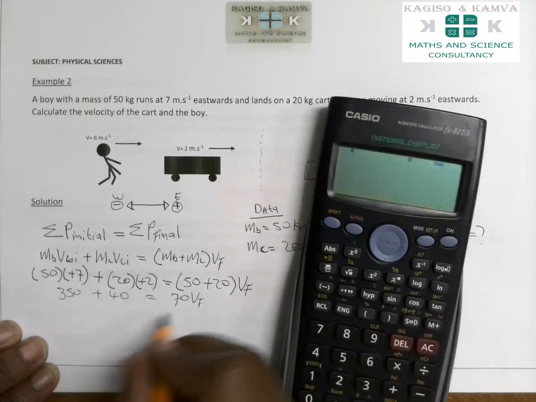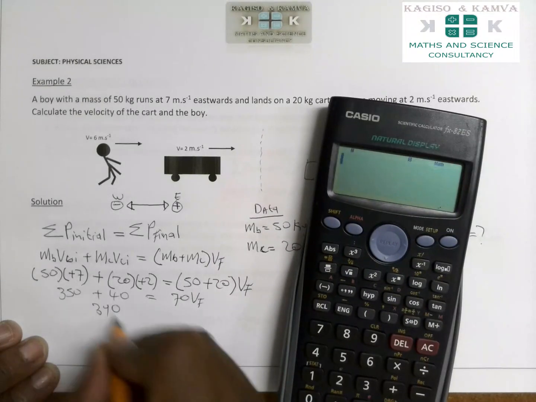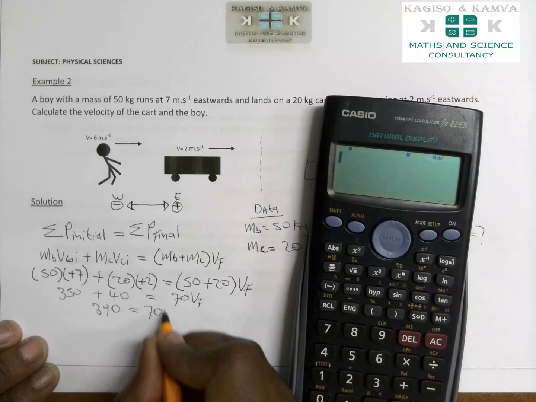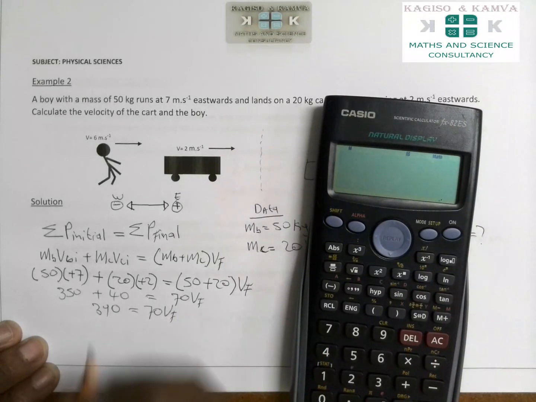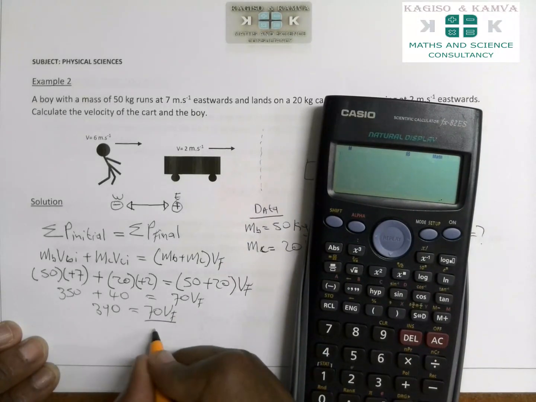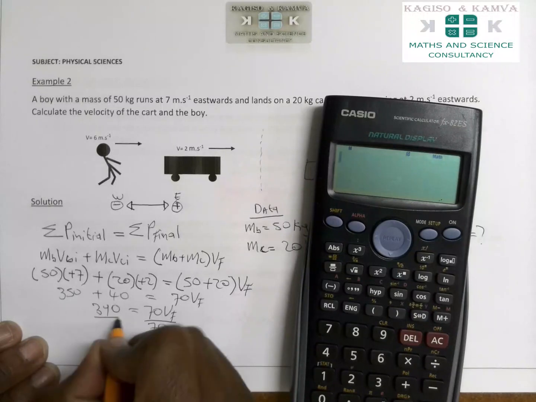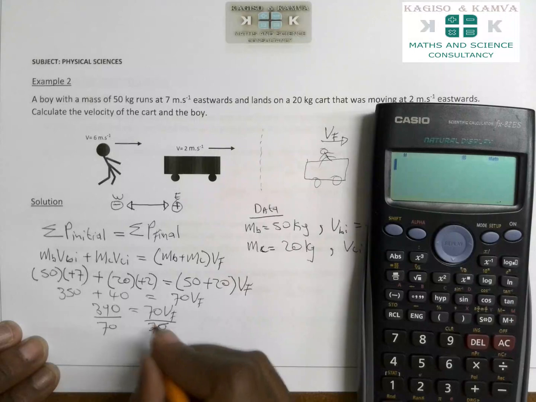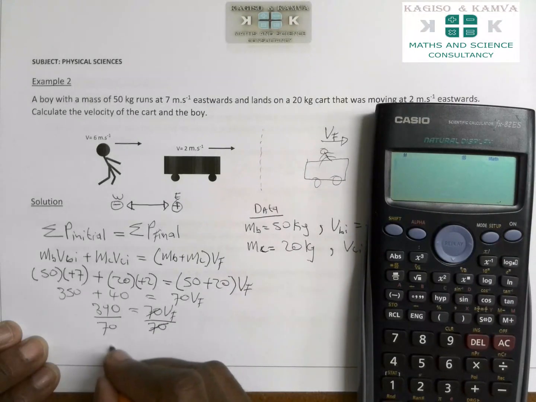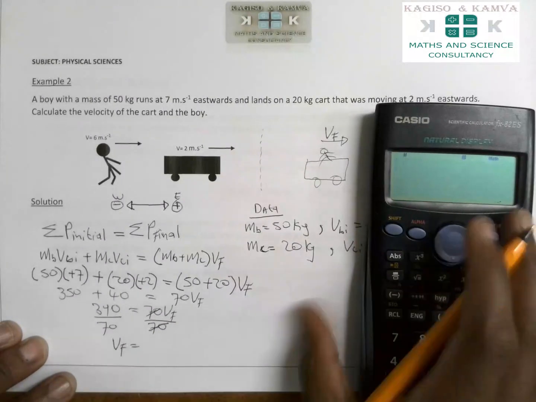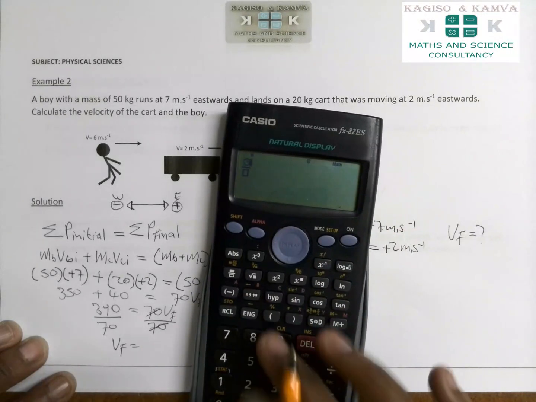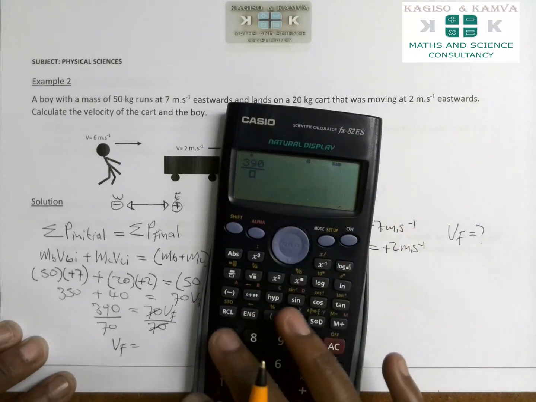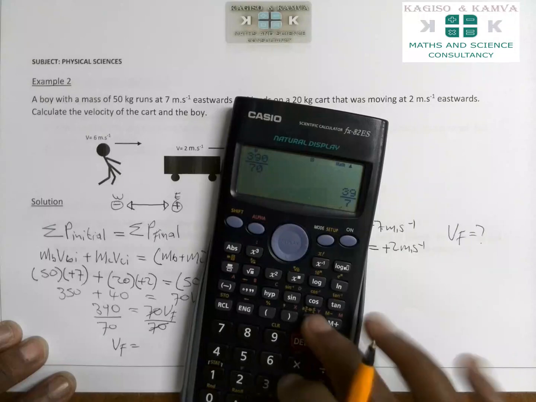So this is going to be 390. 390 is equal to 70 VF, and then from here we divide both sides by 70. This will cancel that, and then we're gonna have VF being equal to 390 divided by 70.